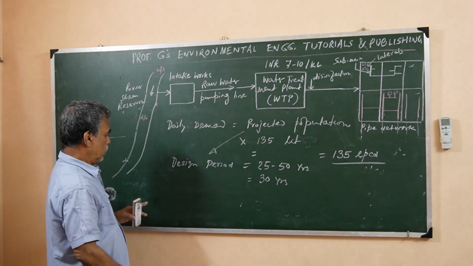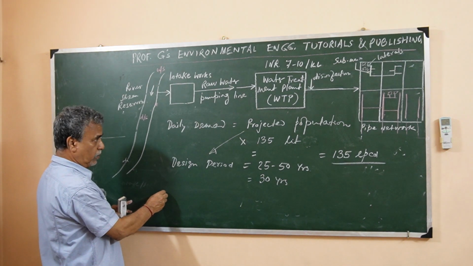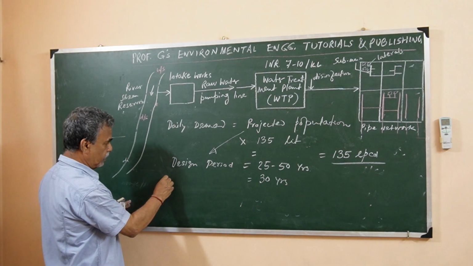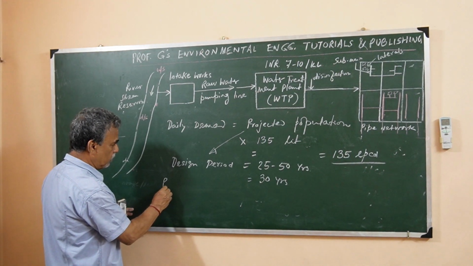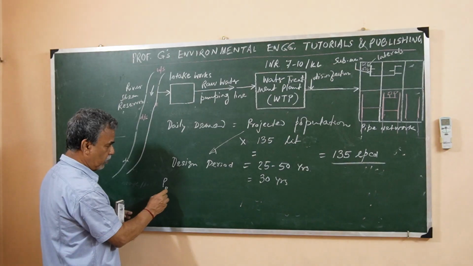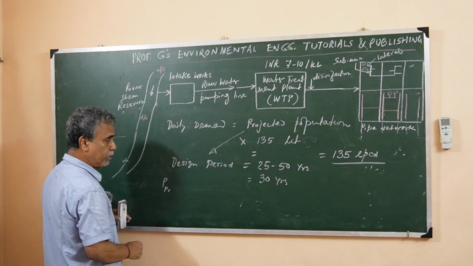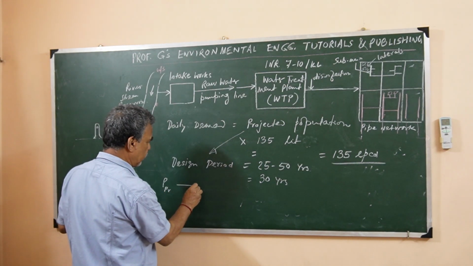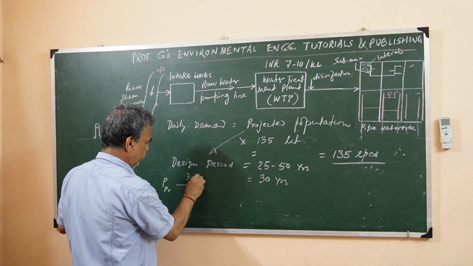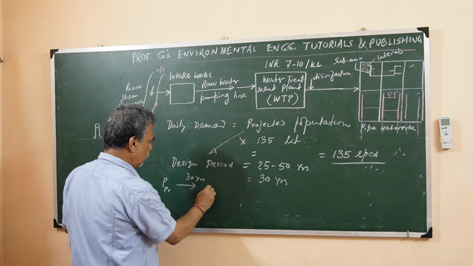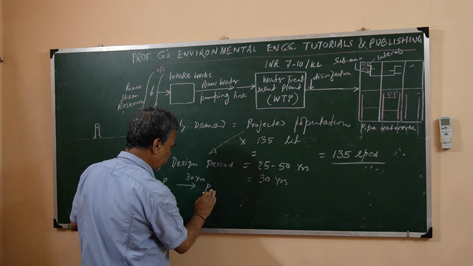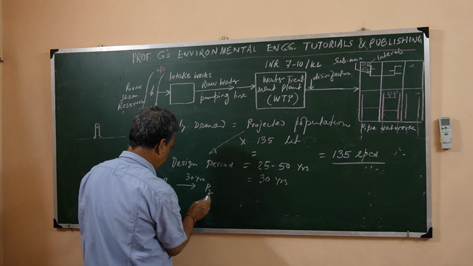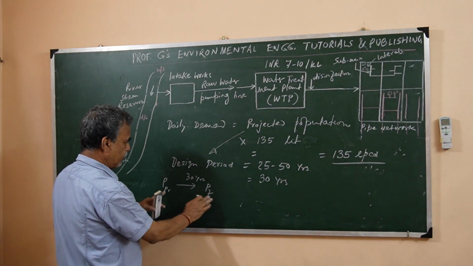Suppose today's population is P, the present population, P present. Now after 30 years, what would be the projected, or future, population?